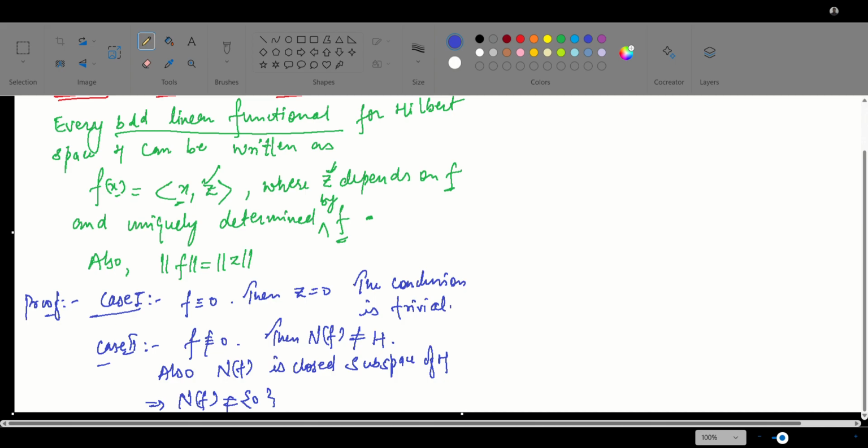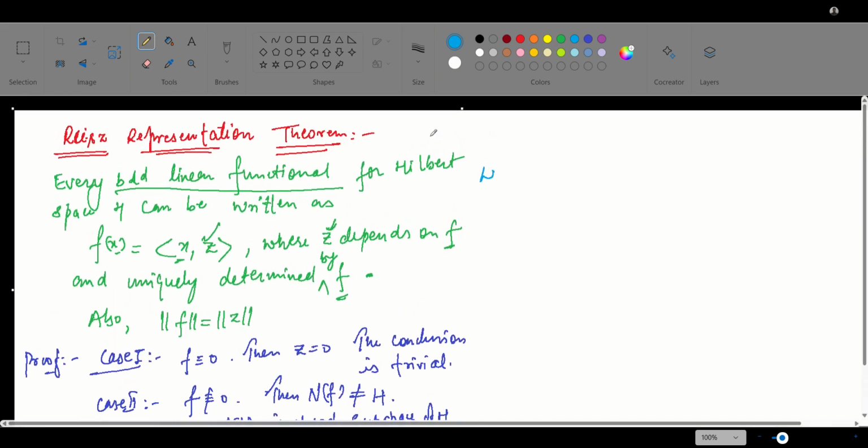That means the null space has some element. So now let us suppose v which is not equal to 0, and that v belongs to the null space of f complement, right?